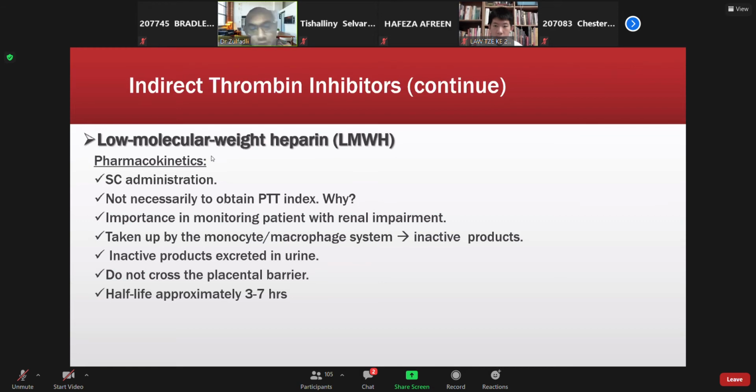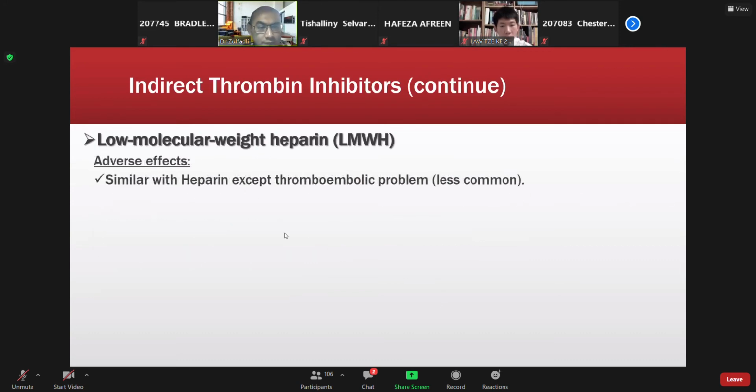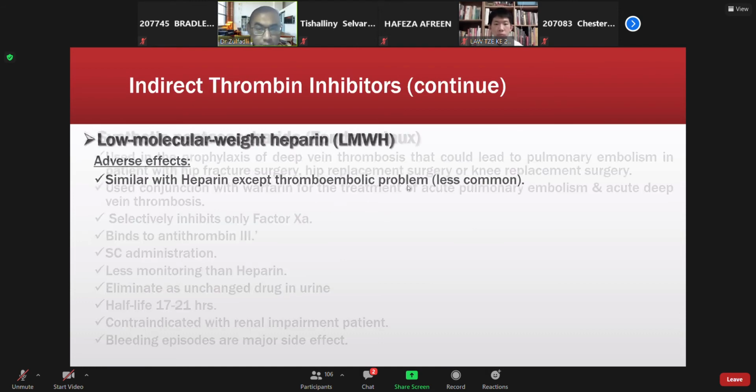Because this drug is quite specific, compared to a patient receiving heparin, you don't really need to monitor the patient's PTT level, because this heparin is more specific and does not bind strongly with antithrombin. The adverse effects are similar to heparin, except the thromboembolic problem is less common.